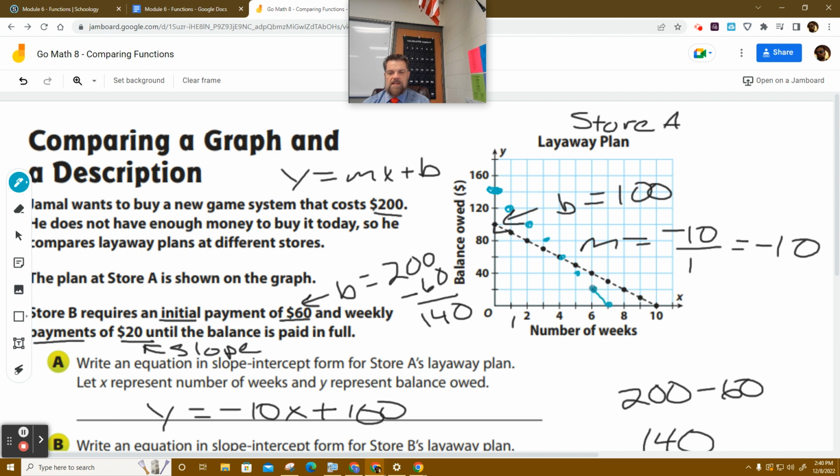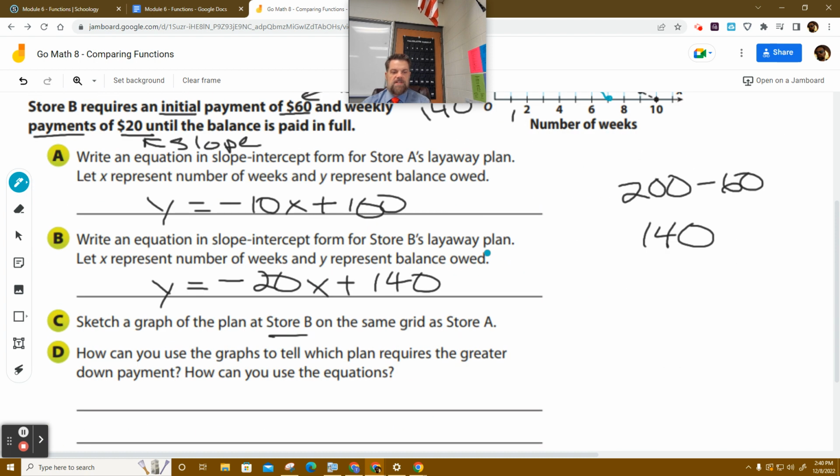And then I connect the dots. And they seem to intersect at this point here, which is 4, comma 60, right?